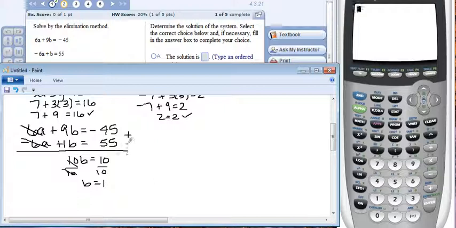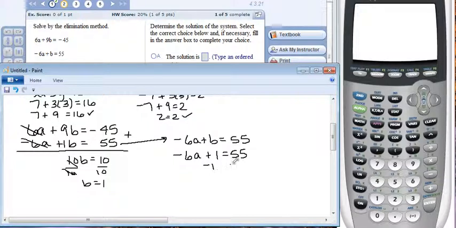I'm going to go back into either one. I'm just going to go into this one just because I picked the first one last time. And I'm going to rewrite my original. And I'm going to insert this here because you told me B was 1. Okay, subtract a 1 across, gone, minus 6A is equal to 54.